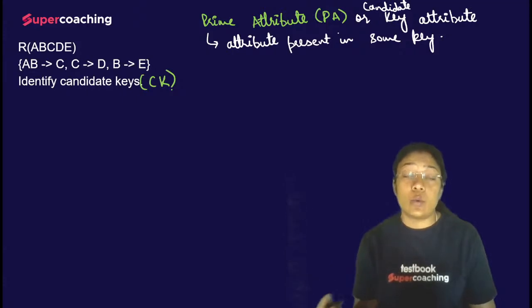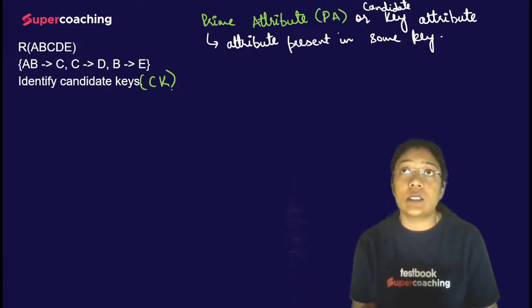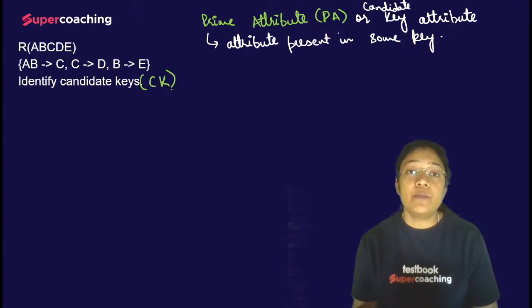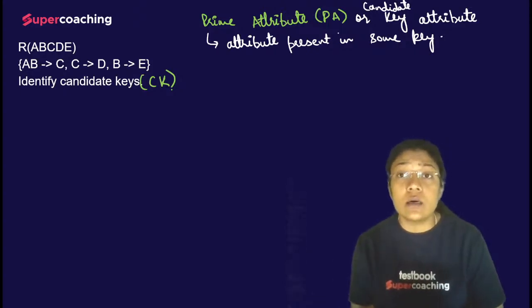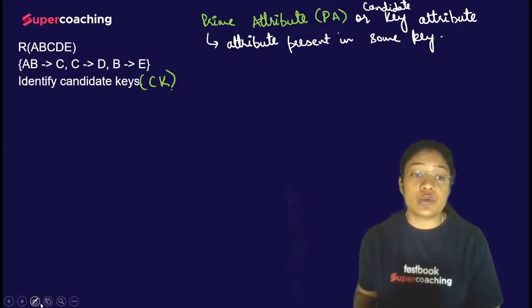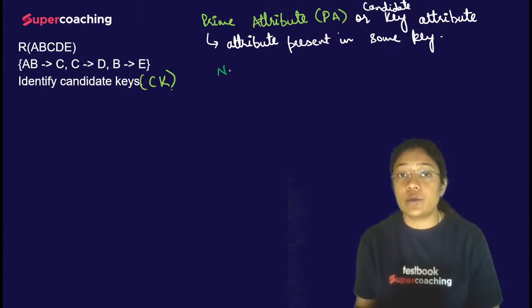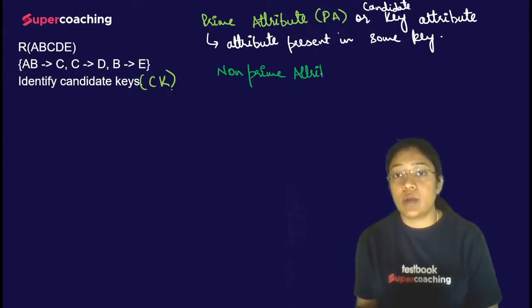And this was also asked in the NIELIT Scientist B exam. तो ये question आ चुका है, what is a prime attribute. Okay, so you should know the definition of the prime attribute. And non-prime attributes are also known as the non-key attributes.